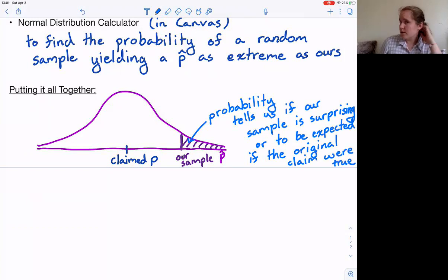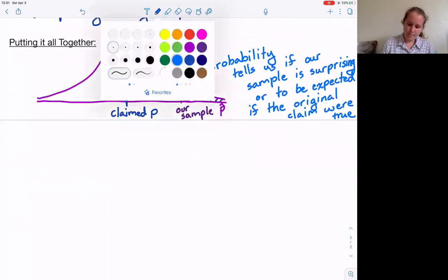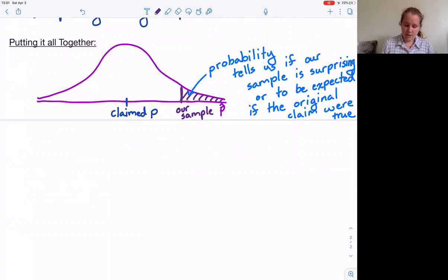So in order to do this, we'll need to check our shape, center, and spread. We need to know what our original claims were. And then we can translate through z-score and find probability. So we'll have sort of a series of steps. Once we get to this picture, we'll translate to z-score using z equals our sample p hat minus the mean divided by the standard deviation.